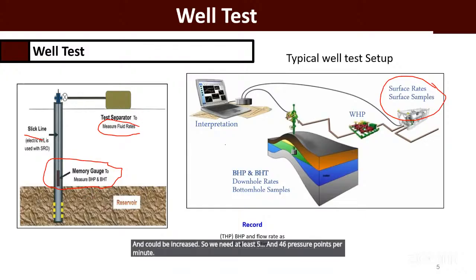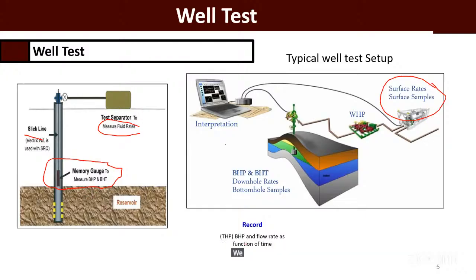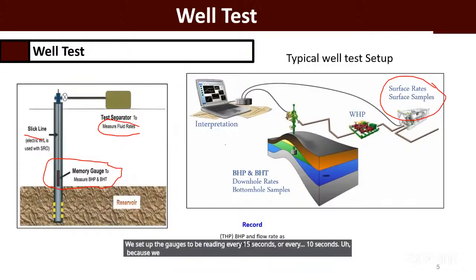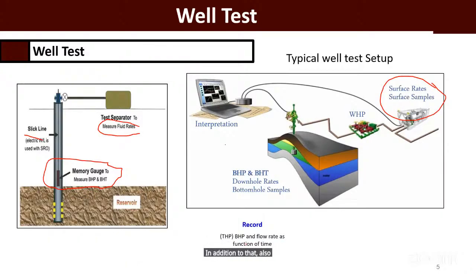So usually we set up the gauges to read every 15 seconds or every 10 seconds because we need high resolution pressure data. In addition to that, we also have the readings of the test separator. While producing, we need to keep it as constant and stabilized as we can, with no changing, because it will affect the quality of the data.